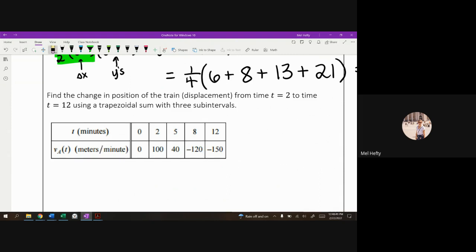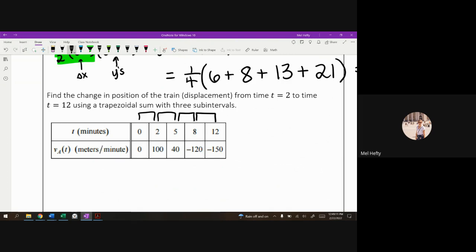Do you guys want to try this one on your own? Do you think you can do it? Yeah. All right. One thing to be careful of before you get started, you are doing 3 sub-intervals, but when I go to block this out, there's 4. So what's wrong? Can anyone figure out what's wrong?